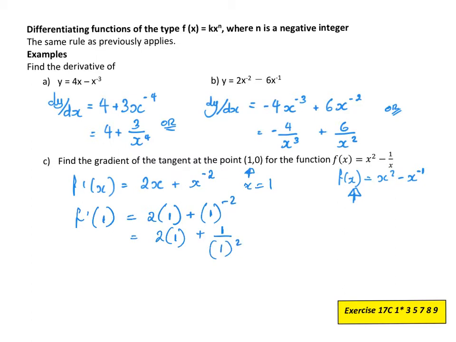Doesn't make too much difference there. So you get 2 plus 1, which is 3. So the gradient f dash of x is equal to 3 at the point 1, 0 for the curve f of x equals x squared minus 1 on x.